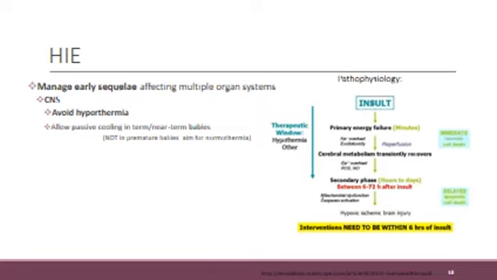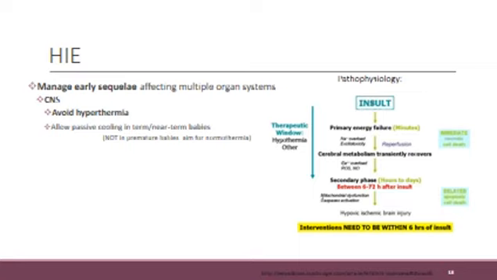In the pathophysiology of HIE, one should recognize that the central nervous system undergoes an insult which leads to primary energy failure and necrotic cell death. But the next phase, where reperfusion takes place, leads to a transient recovery of cerebral metabolism, and then in the secondary energy failure phase, which usually lasts 6 to 72 hours after the insult, there is delayed damage which leads to apoptotic cell death.